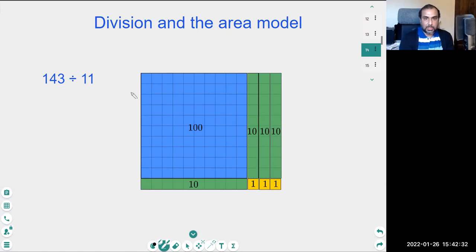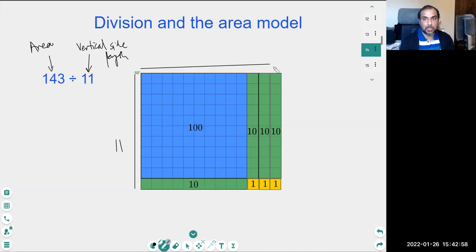So 143 divided by 11 is basically saying if I've got the area as 143, so I'll just call that the area, and this is this vertical side length, and that's 11. So if it's 11 this way and the area is 143, the division problem in the area model is saying how long will this length be?